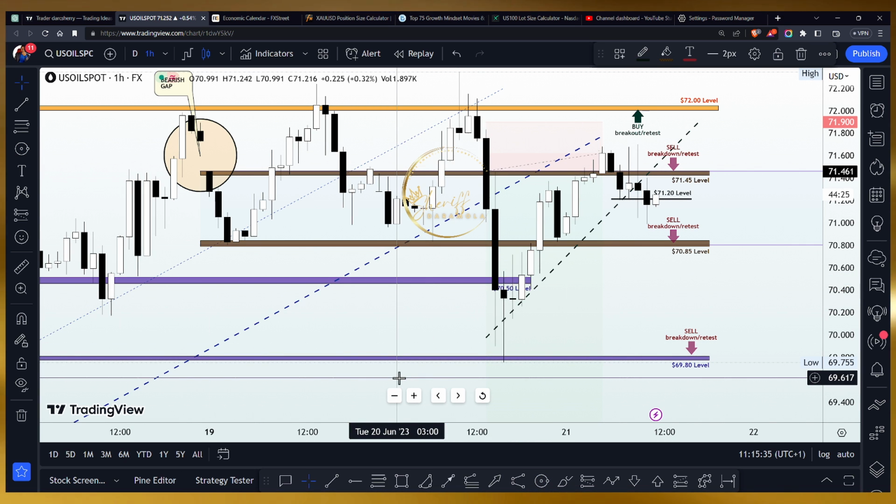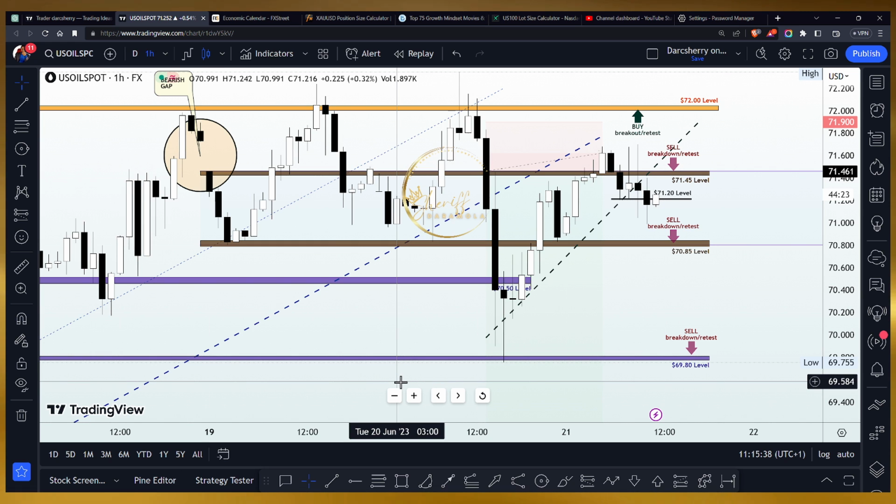So for those who took advantage of these opportunities, well done to you for being on standby to have caught that move. And I do hope that you moved your stop losses accordingly. And if you had done that, you would definitely have been taken out of these positions at profit.